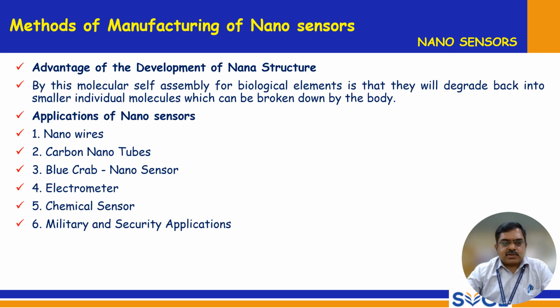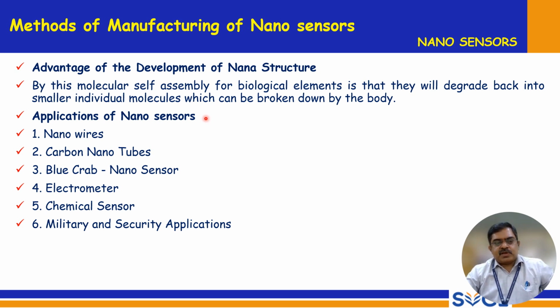So next are the advantages of development of nanostructures. The advantage of molecular self-assembly of biological elements is that they will degrade back into smaller individual molecules which can be broken down by the body.